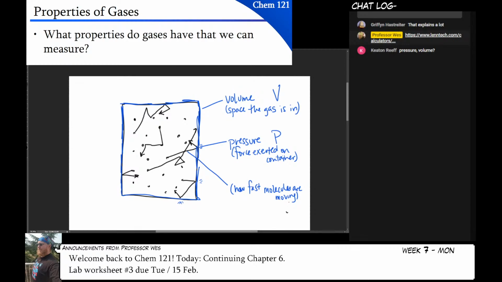But for molecules, we use a thermometer. A thermometer is just a speedometer for molecules. This is called temperature. Believe it or not, a thermometer is just how fast molecules are going. We have assigned that a number, and that number is in Fahrenheit or Celsius.